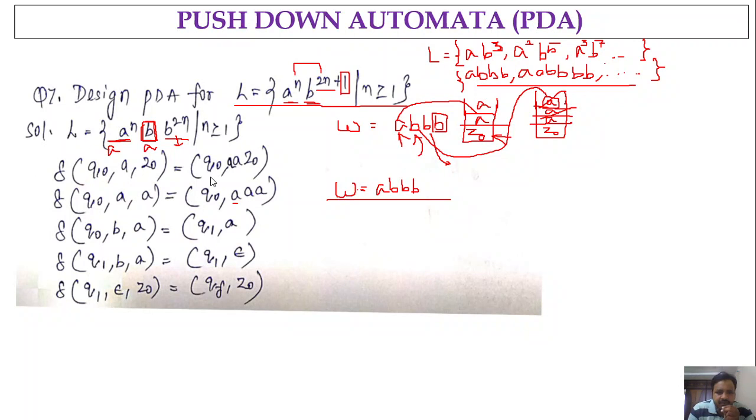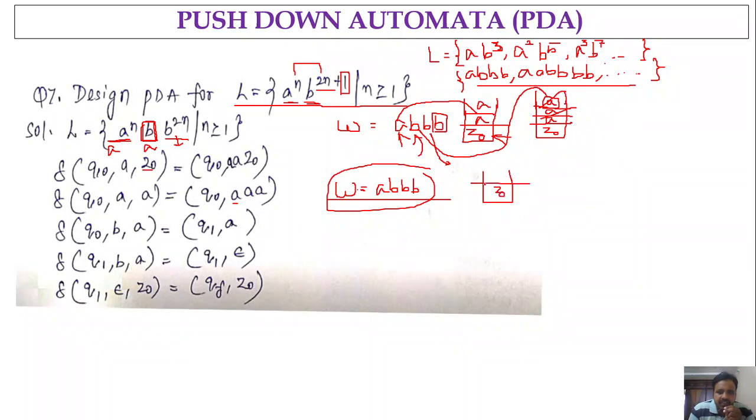So this is the string, right? The first thing is that the stack content, we are considering it as z naught. Initially we have the stack content as z naught.